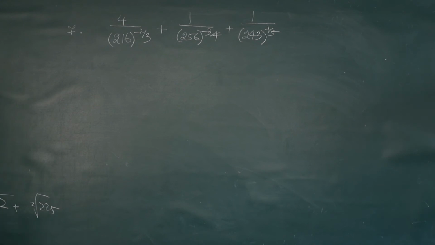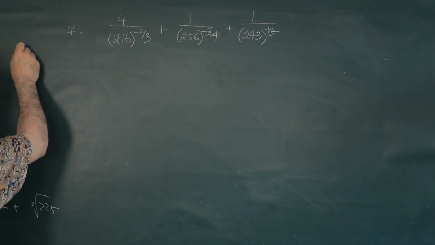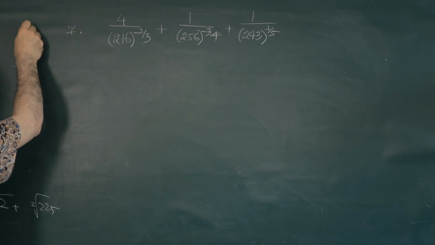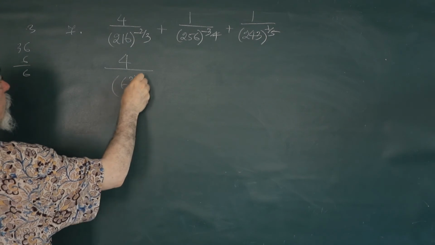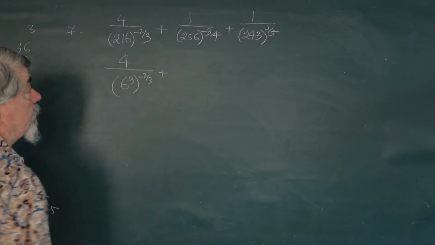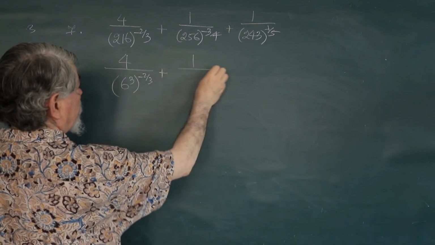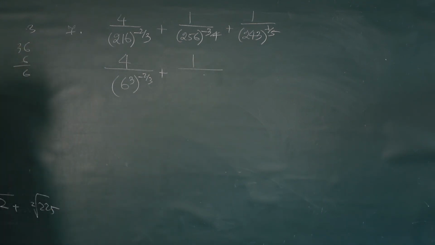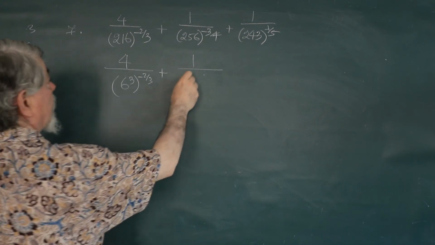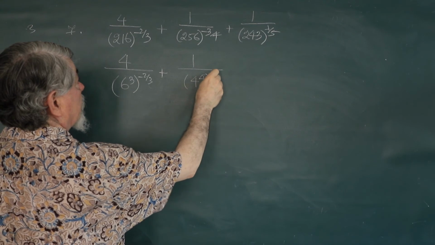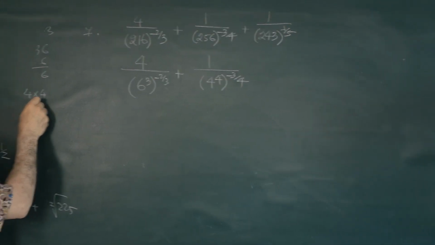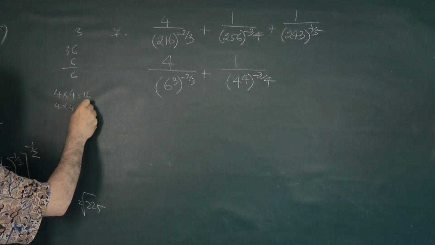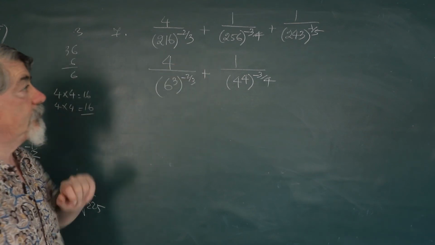Again 216 will be 6 into 6 is 36, 36 into 6 is 216. So 4 upon 6 to the power 3, to the power minus 2 upon 3, plus 256. 16 16s are 256. So 4 to the power 4, to the power minus 3 upon 4. 4 into 4 is 16, 4 into 4 is 16, and 16 into 16 is 256.